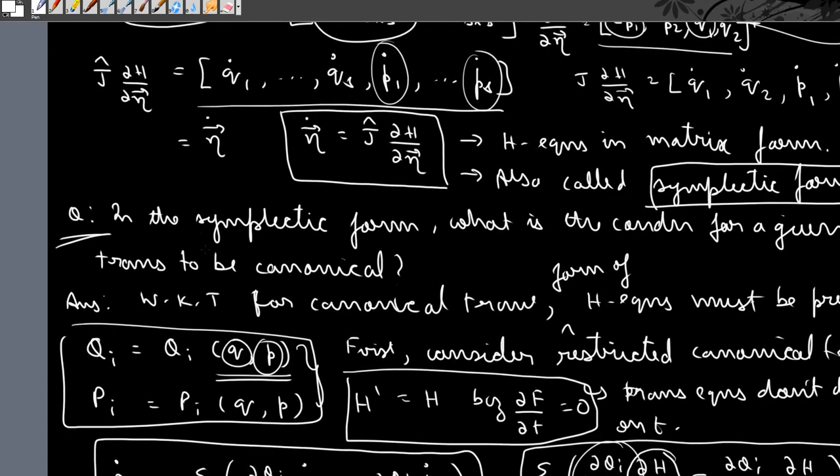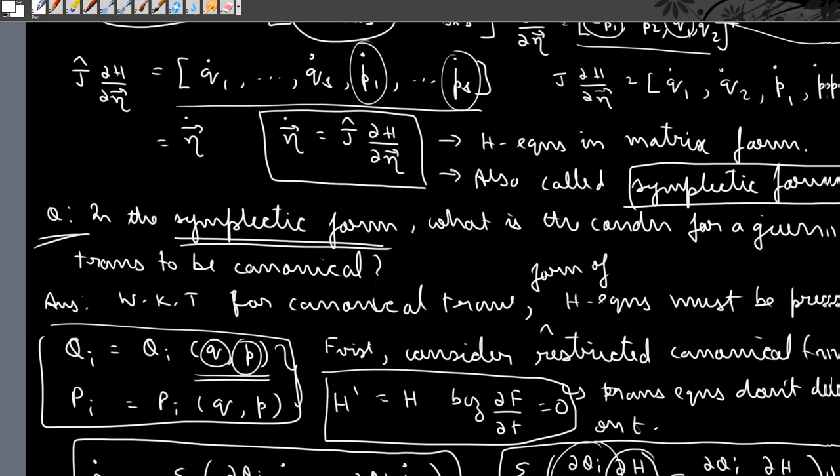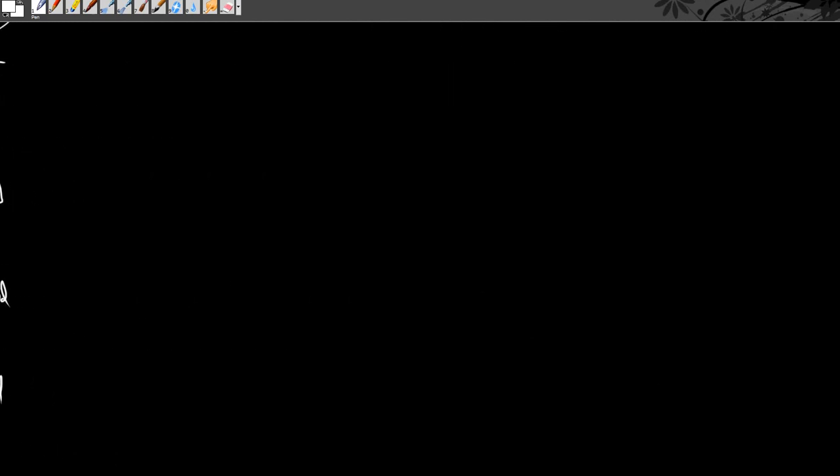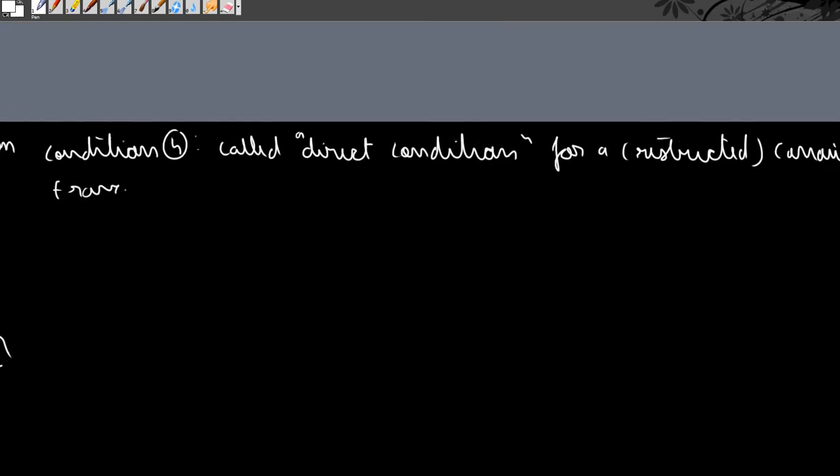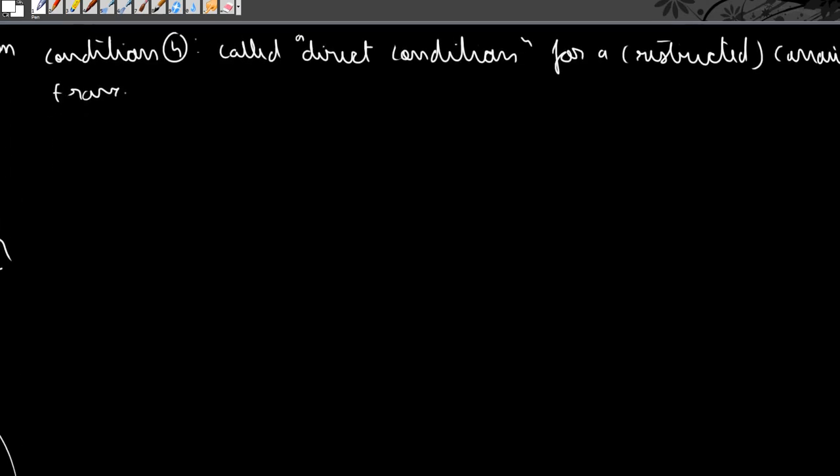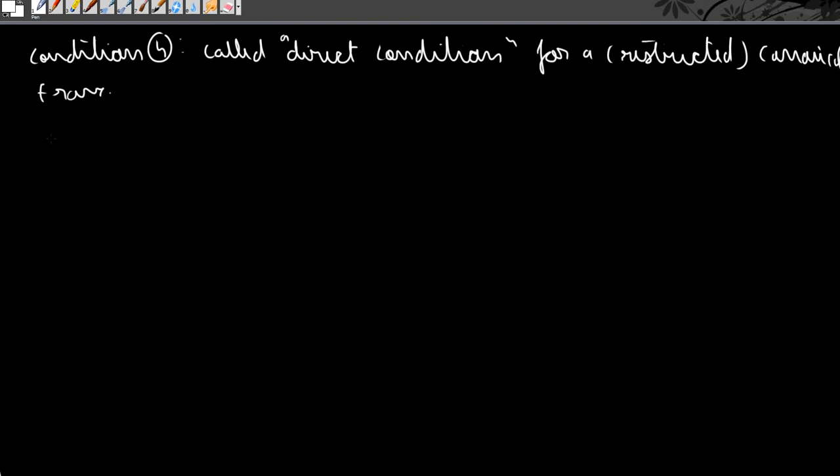So we want to find this in the symplectic form, that is, in other words, in the matrix form. How do we represent the same condition? That is what we are going to discuss: how to write the same thing in symplectic form.